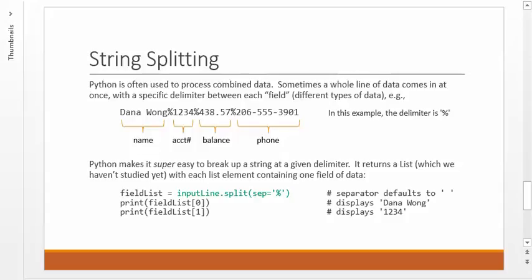So if we looked at field list bracket 0, that would have Dana Wong in it. Field list 1 would have 1, 2, 3, 4, etc., and all 4 fields would be broken out. So you'll understand this a little bit better once we look at the list chapter, but I think this is not that hard to understand. It's a neat idea of what it does, and then we'll understand more details a little later.